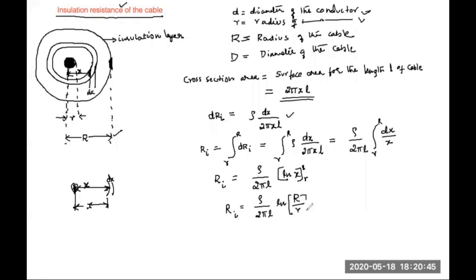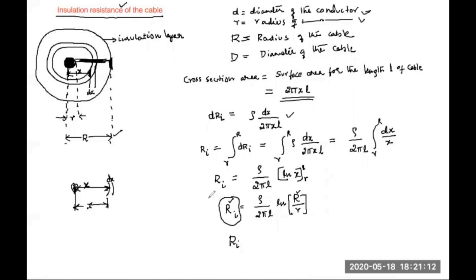This is a very, very important formula. Ri means the resistance of this side. This is nothing but insulation resistance, the resistance of the insulator, where these are the layers of insulator.